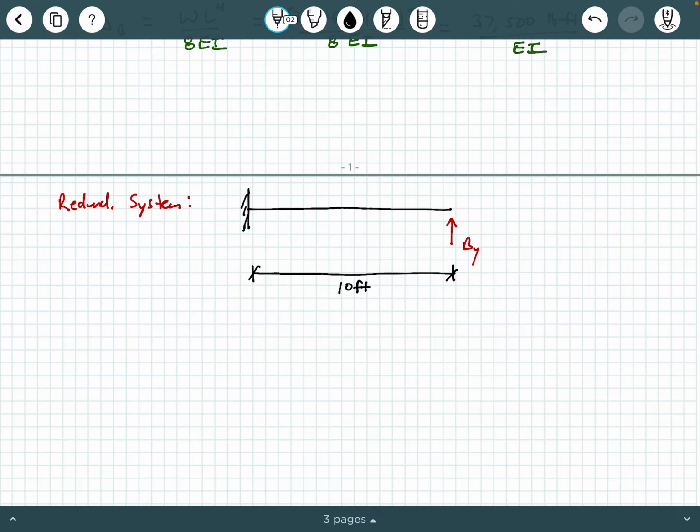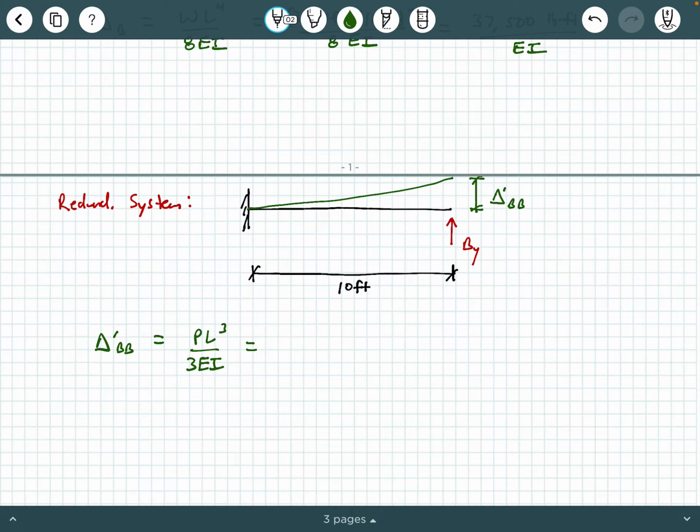Once we apply BY as a load at the free end, we're going to get a nonlinear deflection diagram that's deflecting upward, and we're going to call this delta prime BB. We also have a ready-made deflection formula for delta prime BB. Delta prime BB is going to be equal to PL cubed over 3EI.